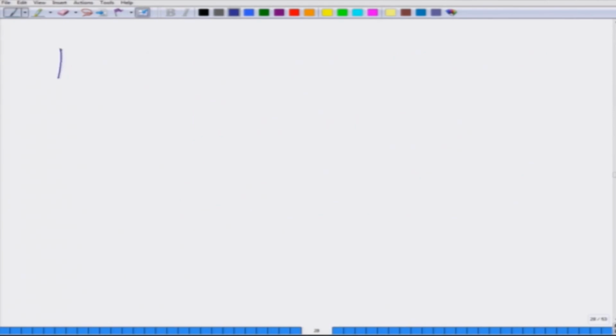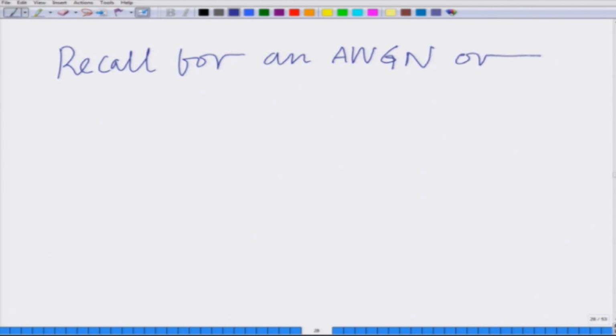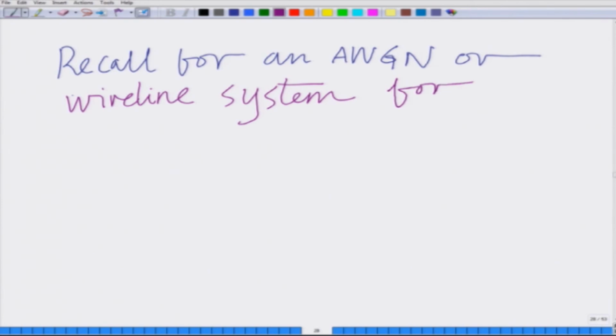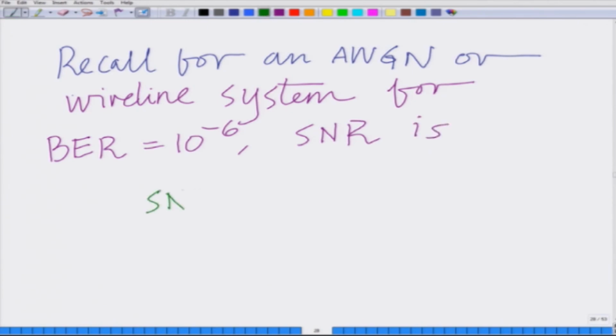Recall that for a simple AWGN channel, or digital communication system, or our wireline system, for a similar bit error rate equals 10 power minus 6, the SNR is 14.19 dB.